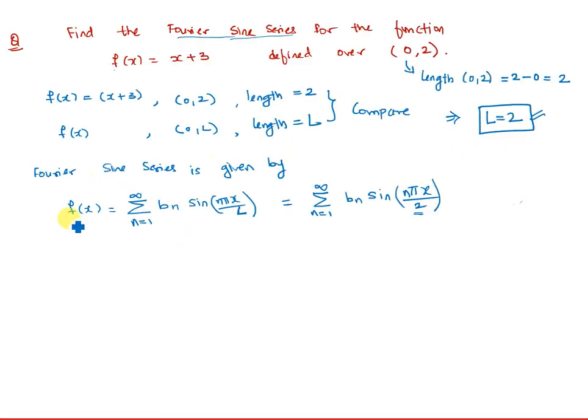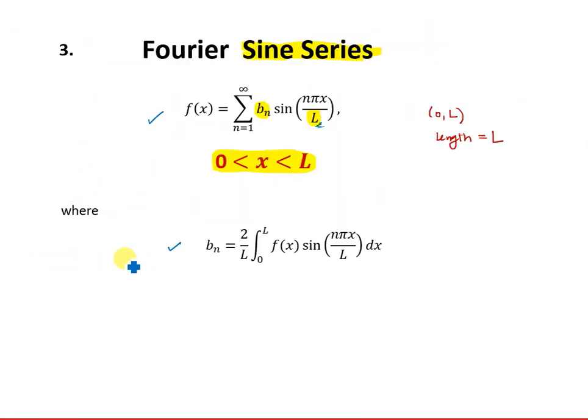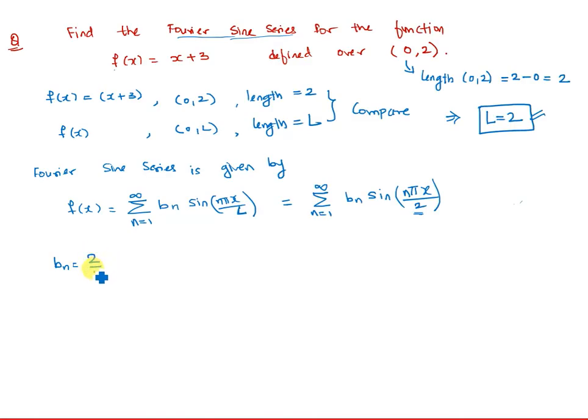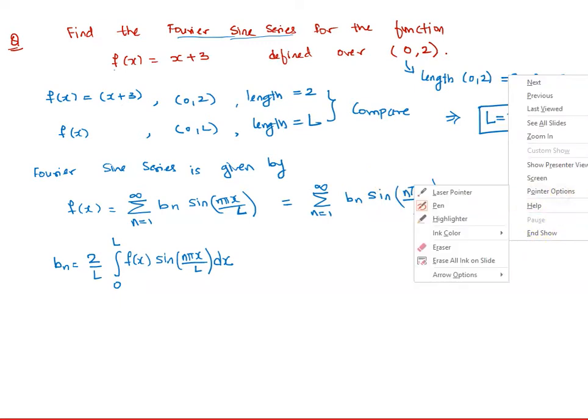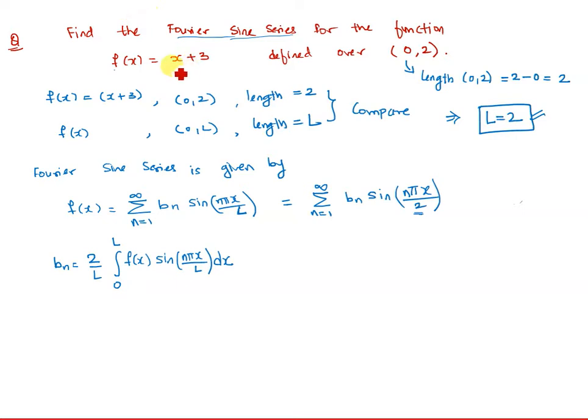Next is to find the value of bn, which is given by this formula. So let's write it. bn is 2 over L, integral 0 to L f(x) sine n pi x over L dx. Now substitute. We have the value of the function f(x) from here.